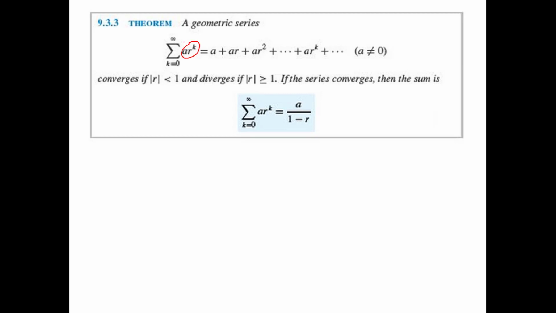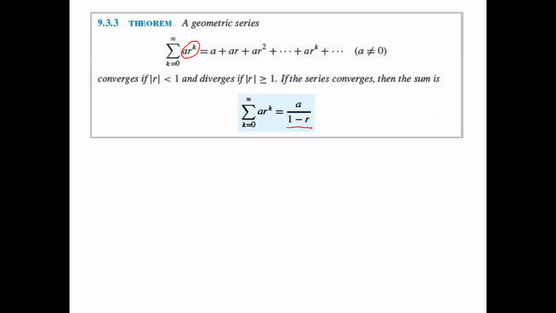And the base is called the common ratio, and if the absolute value of the common ratio is less than 1, then your series will converge, and we even have a formula for what it will converge to. If the absolute value of the common ratio is greater than or equal to 1, then the series diverges. So that's all well and good.